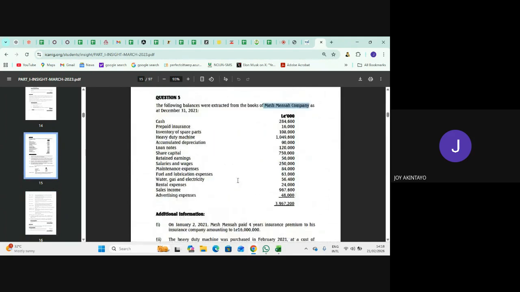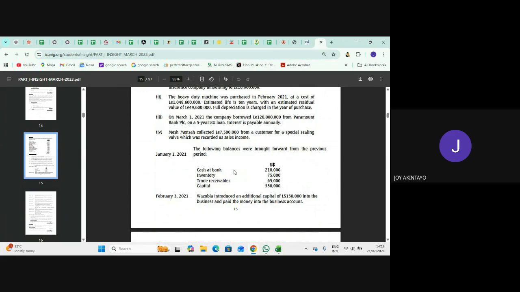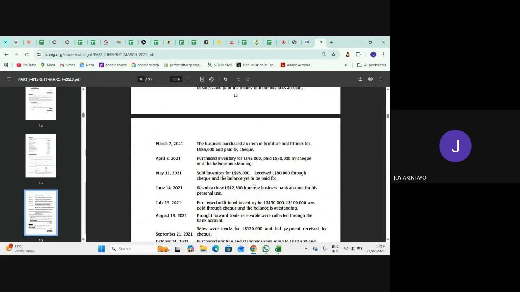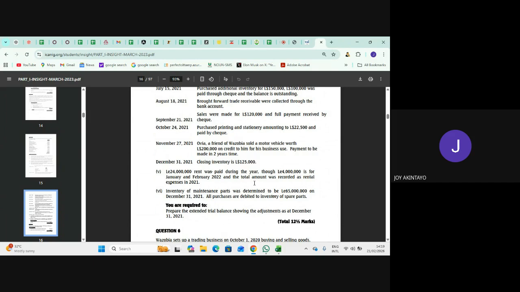Now let's start with, okay, this will be our cash balance. Okay, this is just bank accounts. Let's prepare it based on bank accounts and we determine our bank.